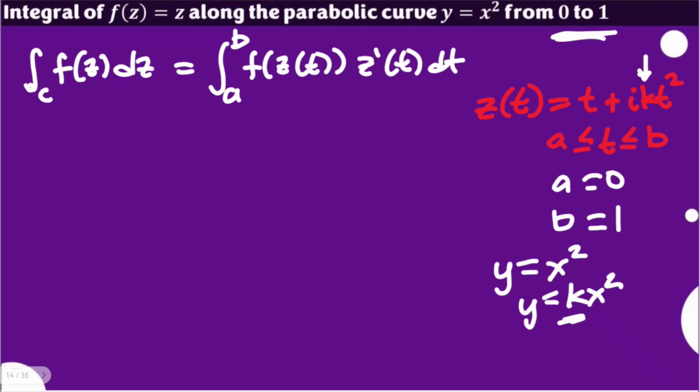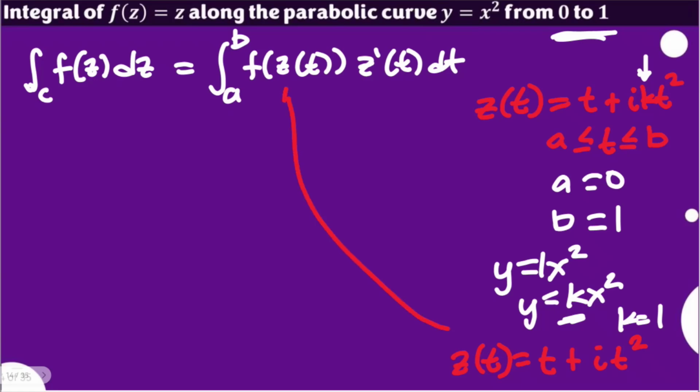Since it's y is equal to x squared with 1 here, our k is equal to 1, meaning our parameterization function of t is t plus i times 1 t squared. This is its form, but it's not yet to be substituted there, because there might be some cases where the function is not the same.